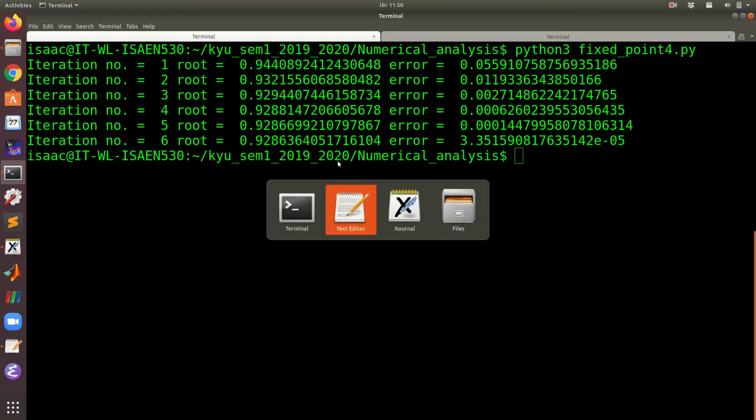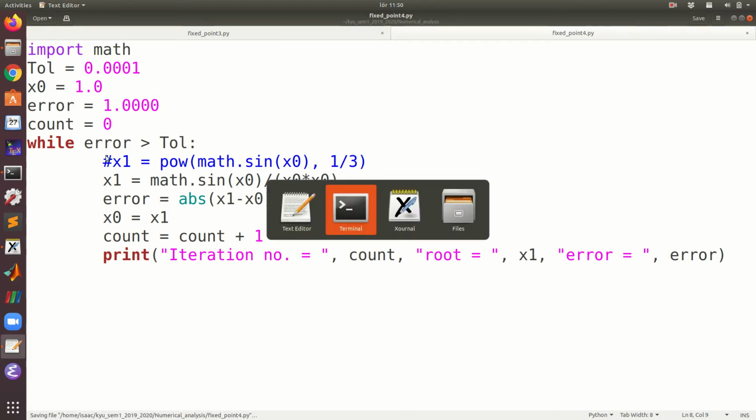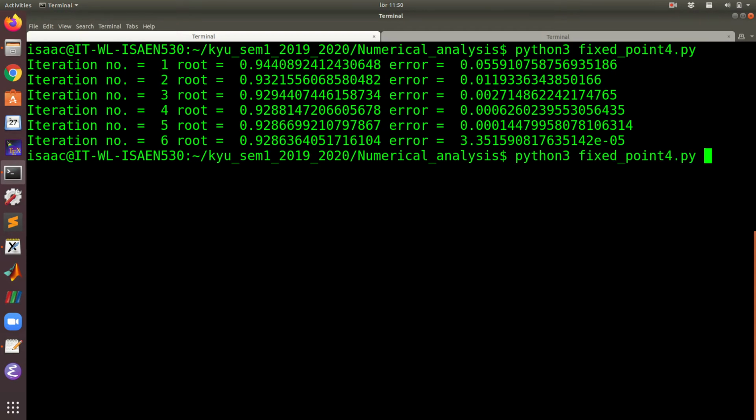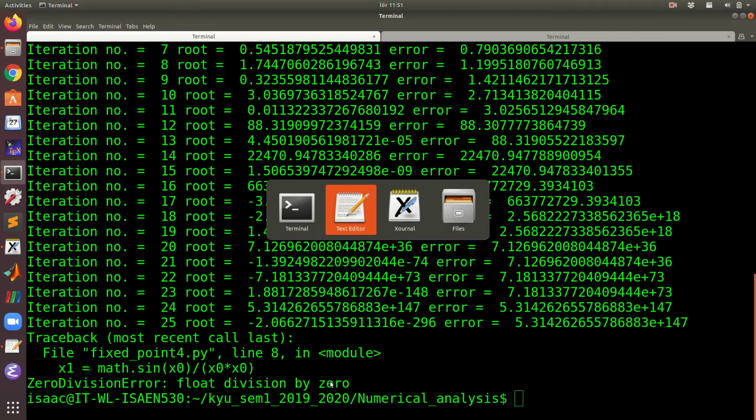So let us try out this other one and then see what happens. Okay, comment that, save, and then run here, and I think we got errors already. So you can see that this one, even after 25 iterations, is saying it is dividing by 0, so it has failed to converge.